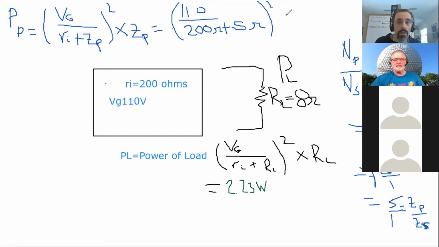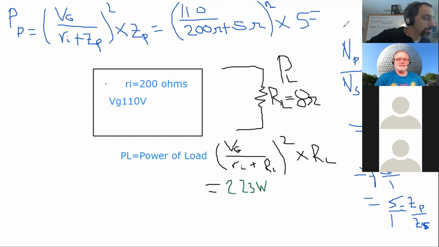And then we multiply that by ZP, which is 5. So if we do all this math, what do you guys get? Once we get that, we're taking a break. We'll get close to done with 19, and then we'll jump to 20 just real quick.